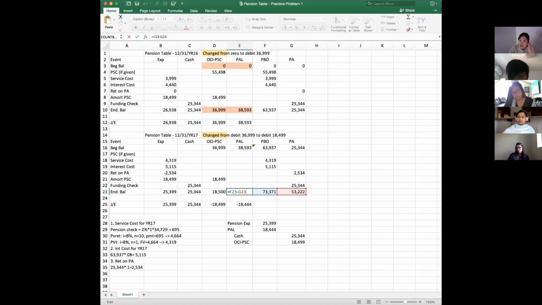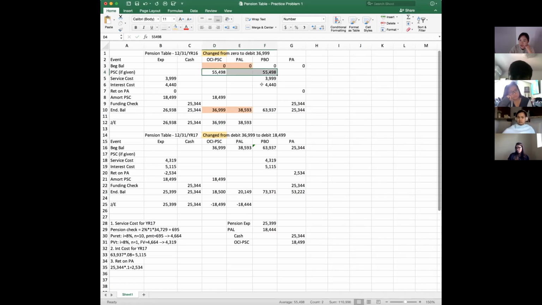Therefore, it starts with the loss side, the debit side. So debit over here, OCI in year 16, and credit over here, PBO. Debit and credit.